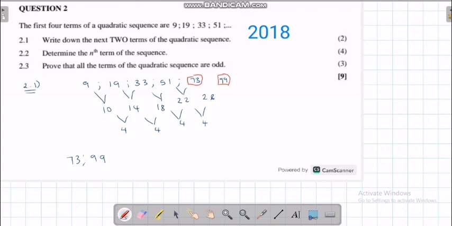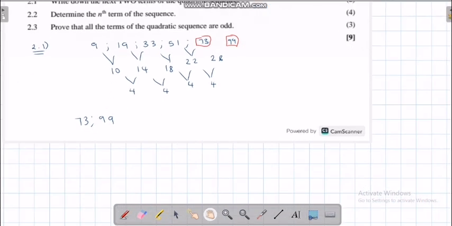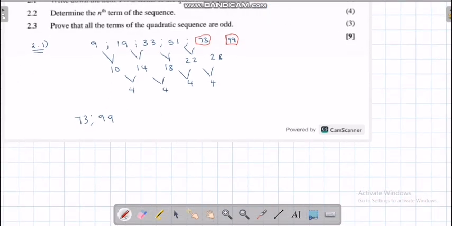Now the next question says determine the general term, the nth term. So T_n is equal to an squared plus bn plus c.